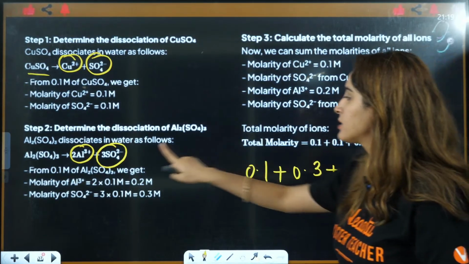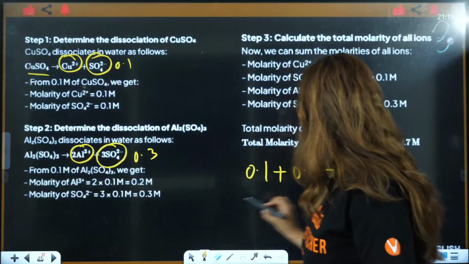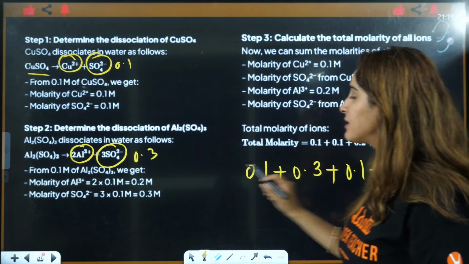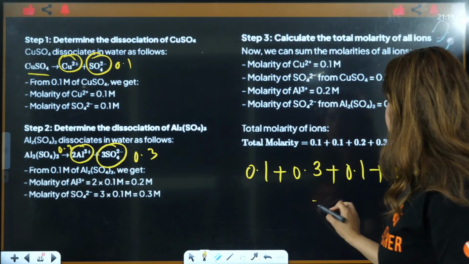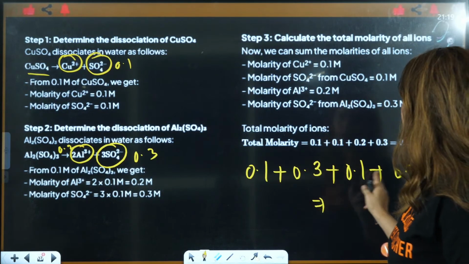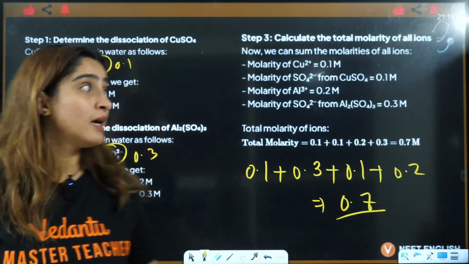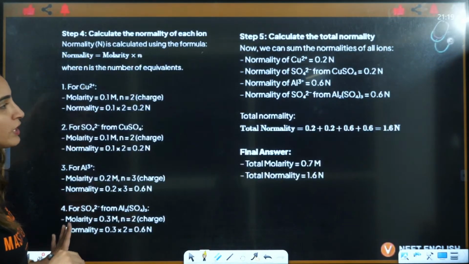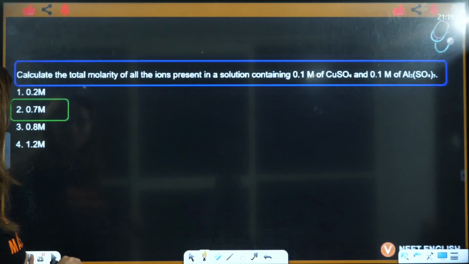This is 0.3, this is 0.1, I'll add 0.1, and this is 0.2, and I'll add 0.2. That is going to be 0.7, right?